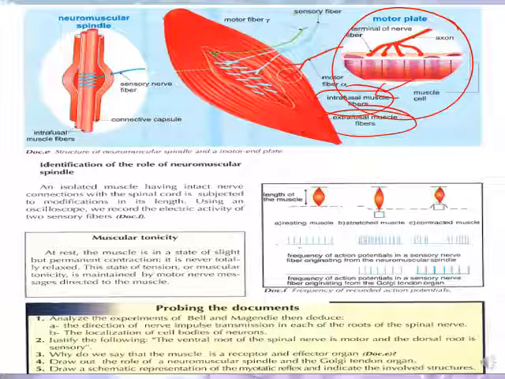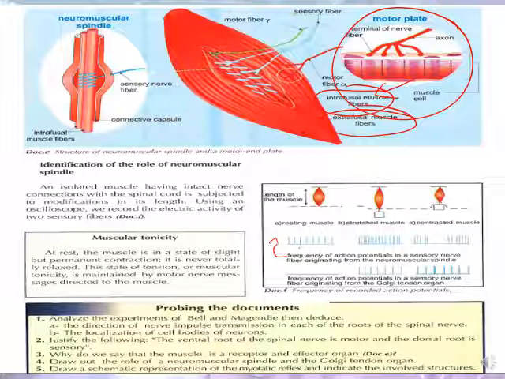Here we have the frequency of the action potentials. This is the first one, the frequency of the action potential in a sensory nerve originating from the Golgi tendon. Here, from the neuromuscular spindle. When the muscle is at rest, the frequency of the action potential in the neuromuscular spindle fiber is weak.